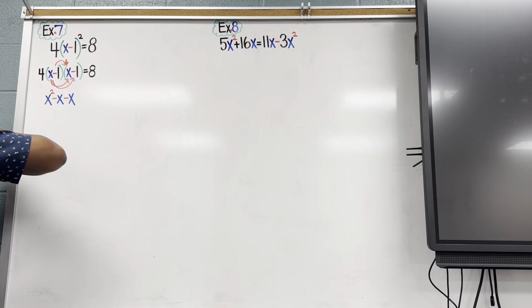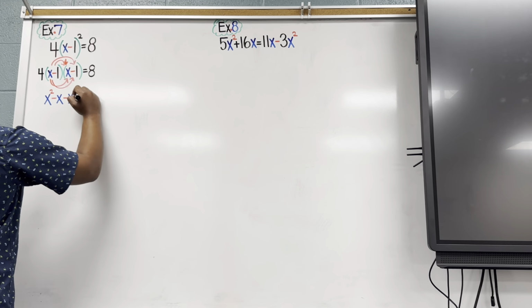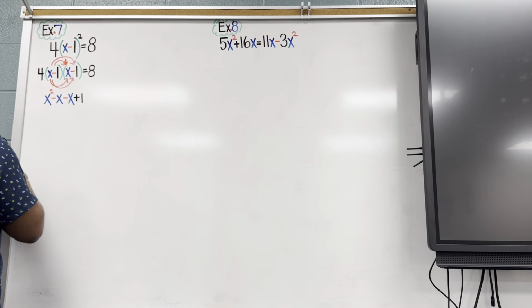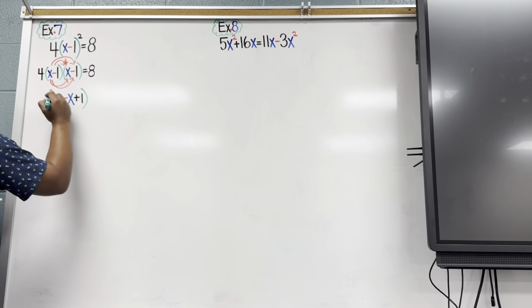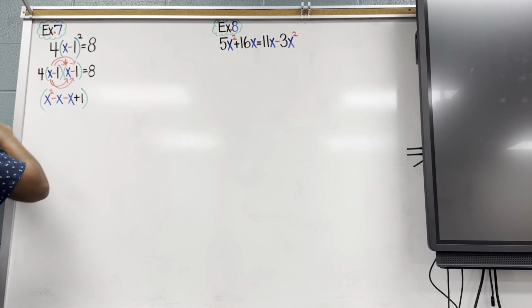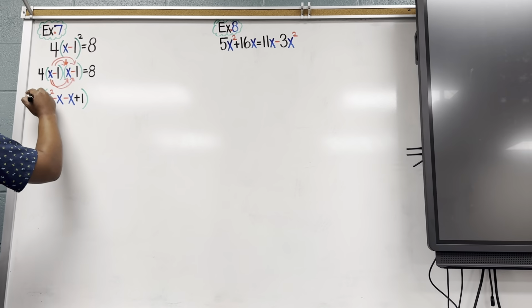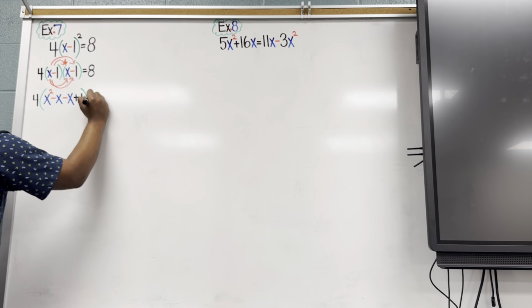And then negative 1 times negative 1 is a positive 1, so it's plus 1. We keep this whole thing in parentheses because we still need to distribute by 4, meaning we need to multiply everything inside this parentheses by 4, equals 8.